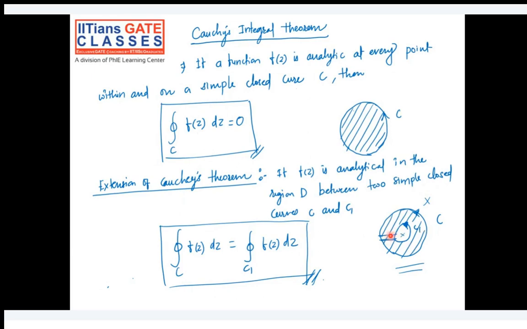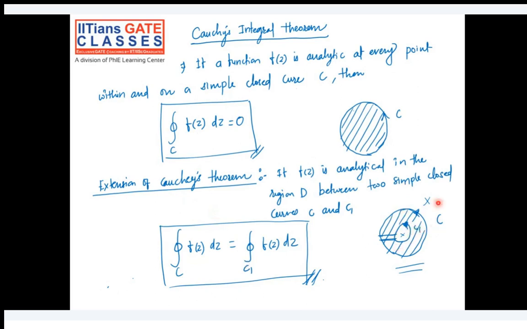So here you can say the integral over closed curve C of f of z dz is equal to the integral over closed curve C1 of f of z dz. In this case, these two integrals are path independent. So if you are integrating around this curve C1 or C, it doesn't matter.